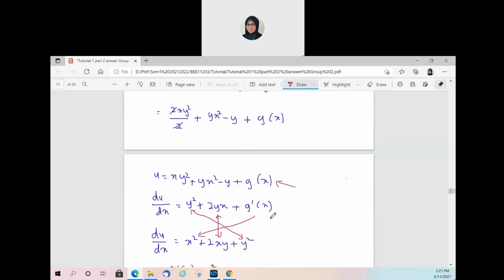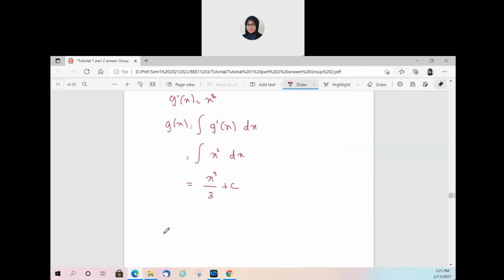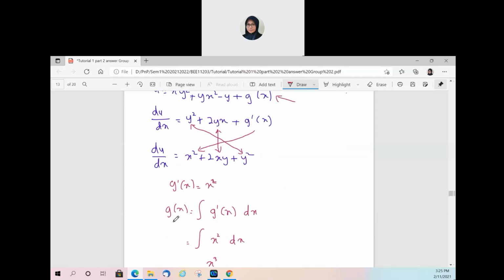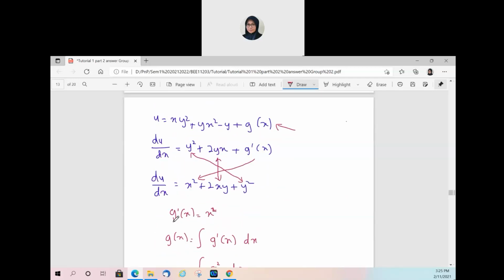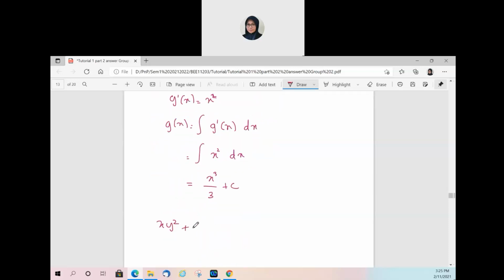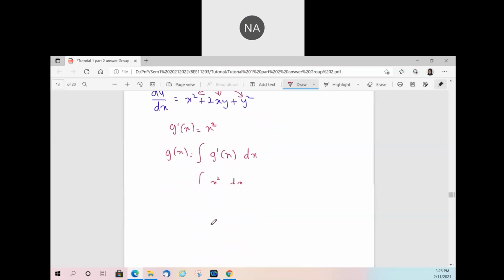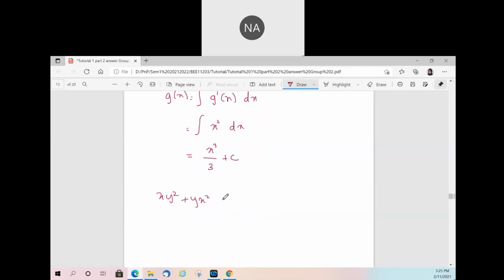Then you will have xy square plus yx square minus y plus with g(x). So g(x) is x kuasa 3 per 3 tambah c equals to 0. Okay.